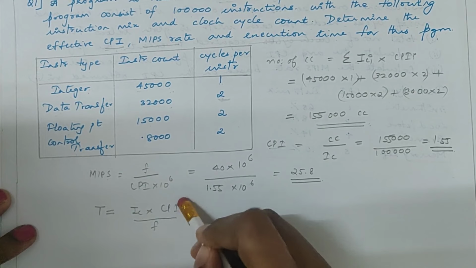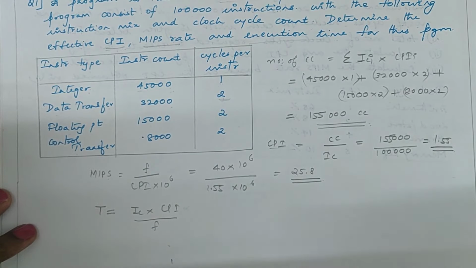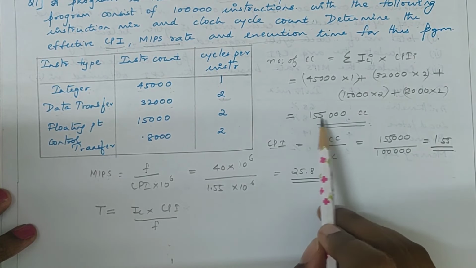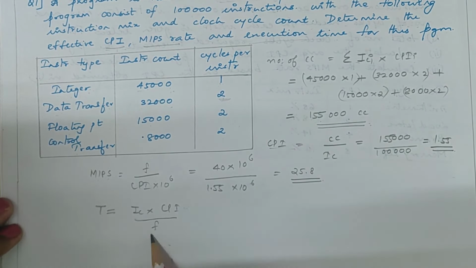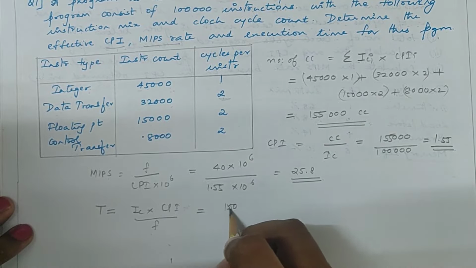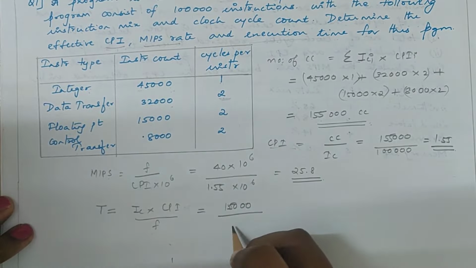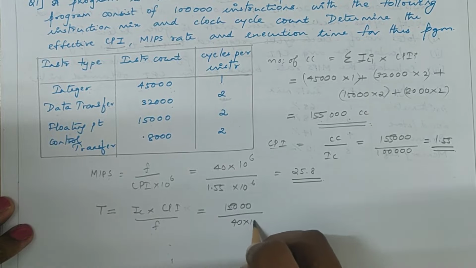Here they have given the clock rate, so you can use the clock rate. IC into CPI we already found out as 1,55,000. If you directly substitute that value, you get the answer divided by the clock rate, which is given as 40 into 10 power 6.